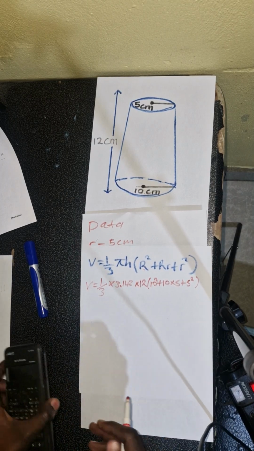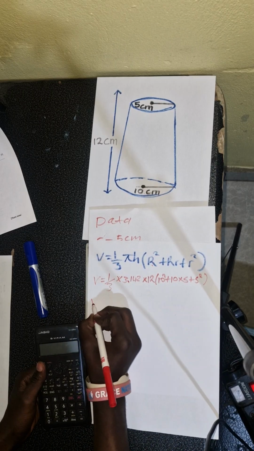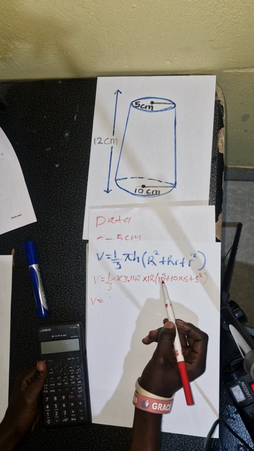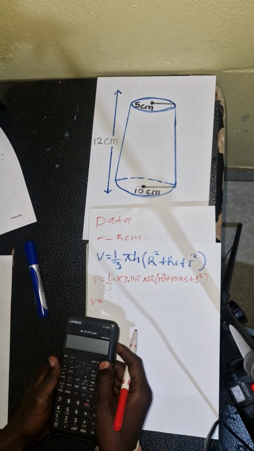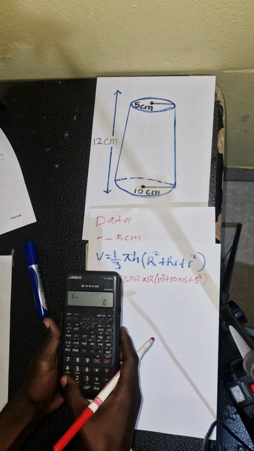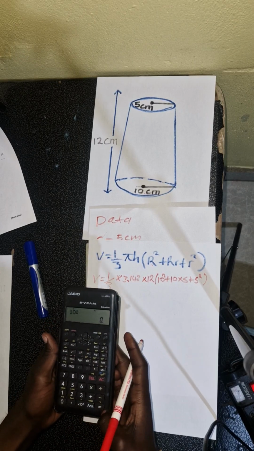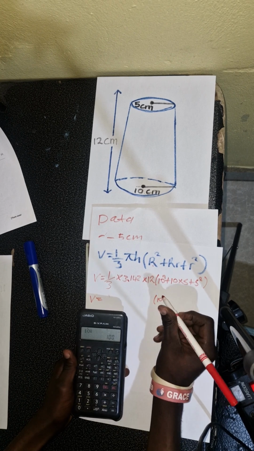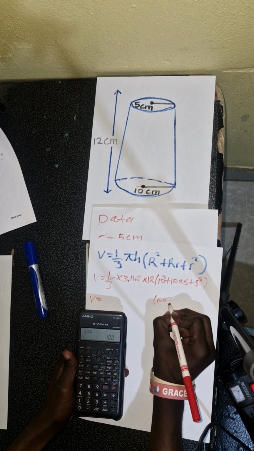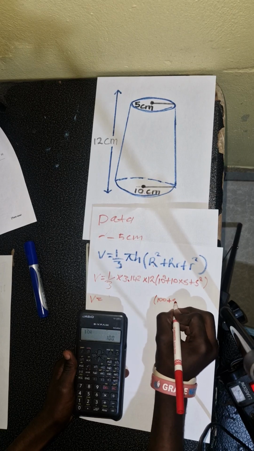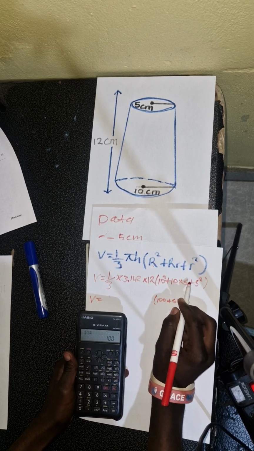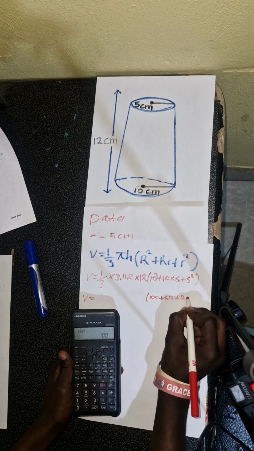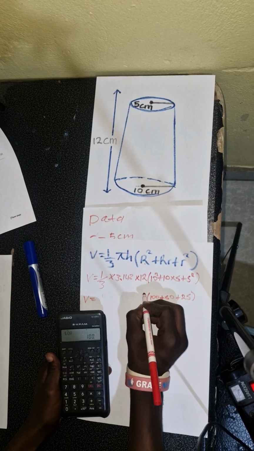So we can get our calculator now. I'll start with the ones in the brackets. 10 to the power 2 gives us 100. 10 times 5 gives me 50. 5 to the power 2 gives me 25, close bracket.